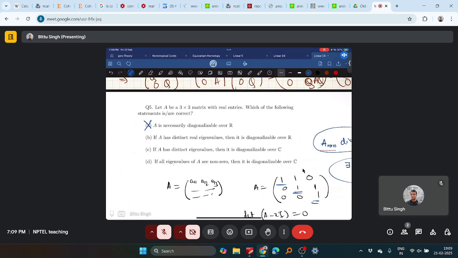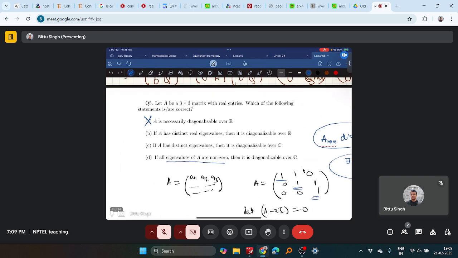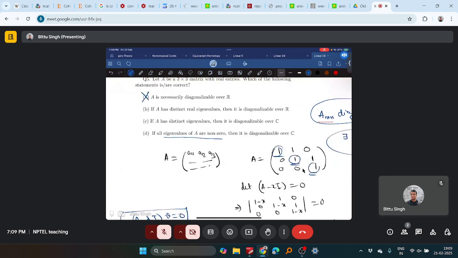Now another option: if all the eigenvalues of A are non-zero, then it is diagonalizable over C. We have seen that all eigenvalues are 1, which are non-zero, but still there are not sufficient eigenvectors. We have only a single eigenvector.